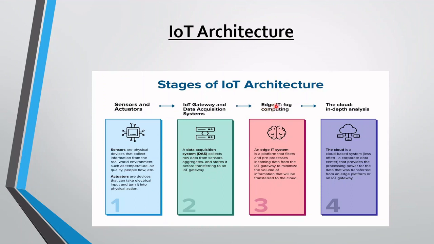Next is Edge IT, fog computing. An Edge IT system is a platform that filters and pre-processes incoming data from the IoT gateway and minimizes the volume of information that will be transferred to the cloud. Next is cloud computing. The cloud is a cloud-based system that provides the processing power for the data that was transferred from an edge platform or an IoT gateway.